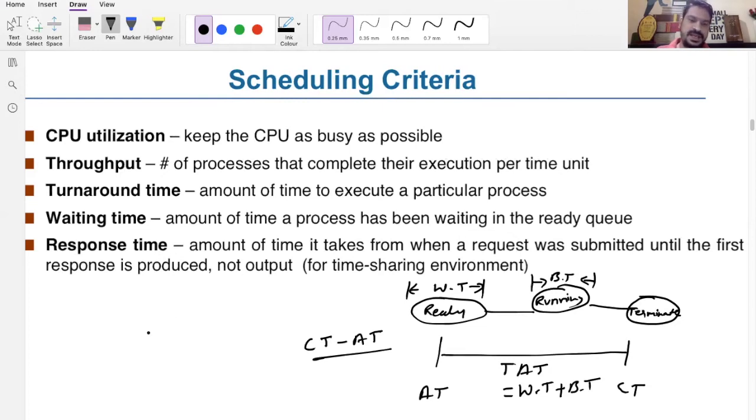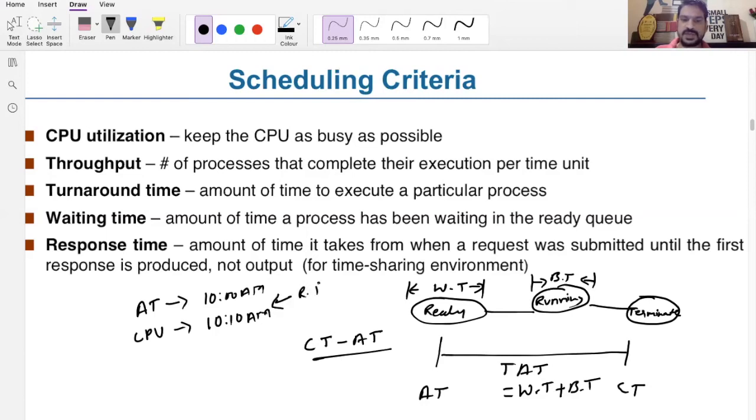Let's say a process has an arrival time of 10 a.m. and the process gets the CPU for the first time at 10:10. So what is the response time? The response time is 10:10.